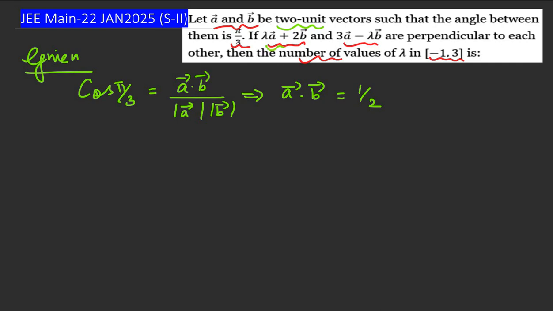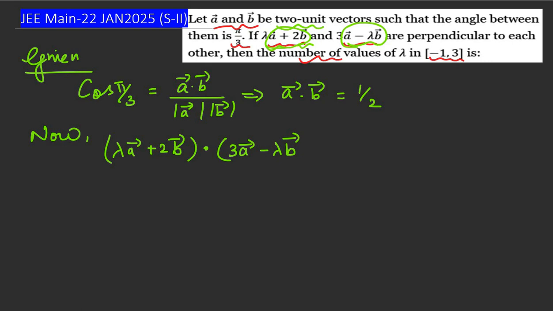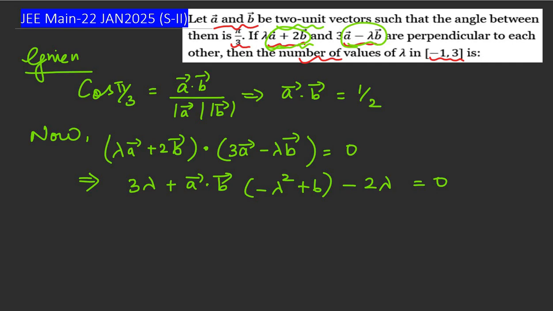Now given that these two vectors are perpendicular, the dot product of lambda A vector plus 2B vector with 3A minus lambda B is equal to 0. Now opening both brackets, we get 3 lambda plus A dot B into minus lambda squared plus 6 minus 2 lambda is equal to 0.